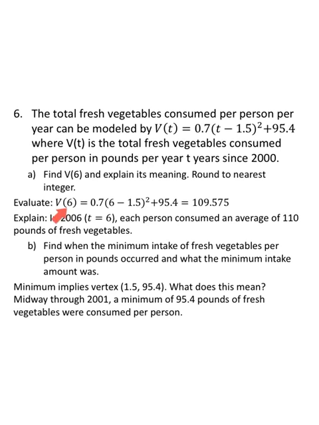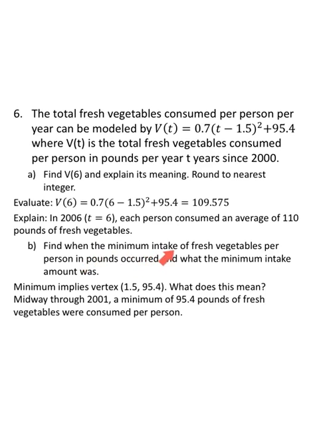A t value of 6 is 6 years since 2000, so in 2006, each person consumed an average of, and I rounded it to, 110 pounds of fresh vegetables. An average, all right, per person, and so forth. All those words. Close enough, good enough.